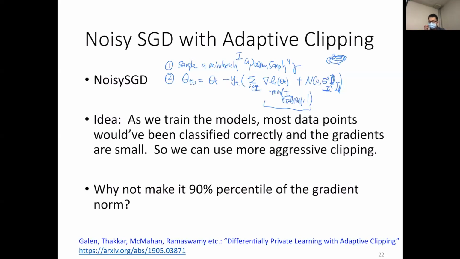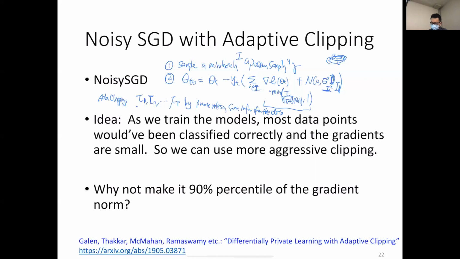Okay, so how do we choose this sequence of tau parameters? Noisy gradient with adaptive clipping would say that I'm going to choose tau 1, tau 2, to tau T by looking into the actual data, by privately releasing some information from the data set.